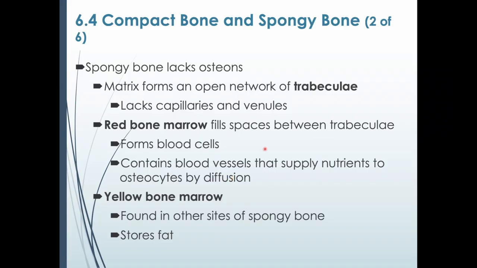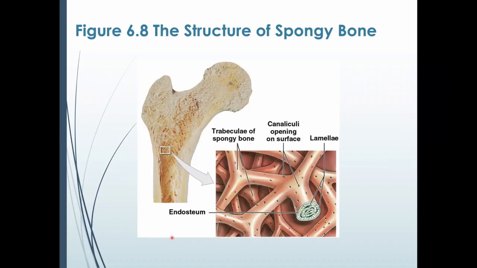Your yellow bone marrow, that's going to be found in other sites of spongy bone. Okay, it's going to store fat, and it's also going to be found in the medullary cavity of your compact bone. So let's check it out. Here's your structure of your spongy bone.